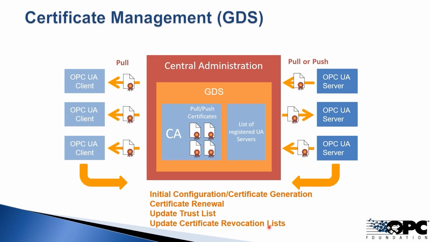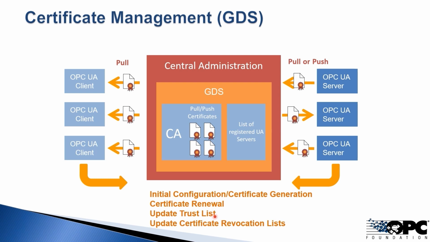Additionally, the revocation lists that are necessary in order to properly do PKI when you have a certificate authority involved also need to be kept fresh and updated in the applications, and their certificate revocation lists are also managed in the same way, both with the push and the pull model. And lastly, the trust list.